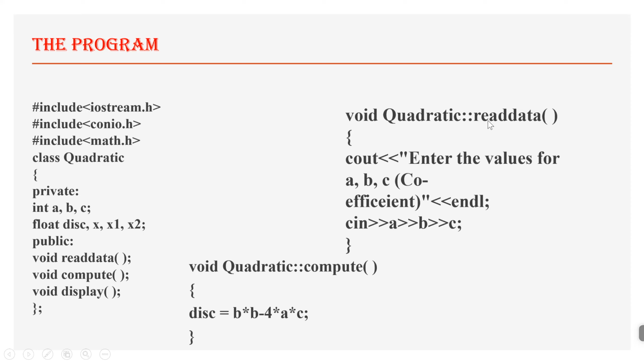Now let me go to the public function, read data. Void quadratic read data, wherein I am reading A, B, and C. Then under compute, I'm just computing the discriminant b square minus 4ac.